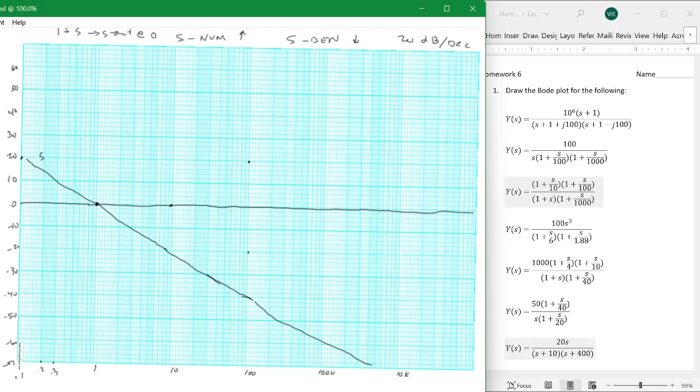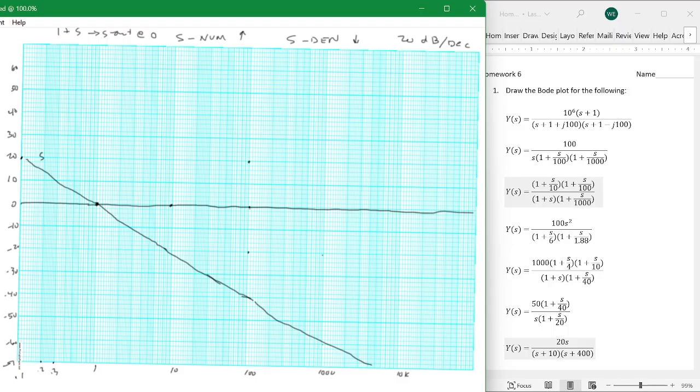Now, this is an S plus 100. So at 100, this starts doing what? At 100, where is 100? 100 is right there. This one is a 1 plus an S, so until 100, it's 0. But at 100, it starts going down. And it goes down at the rate of what? 20 dB per decade.